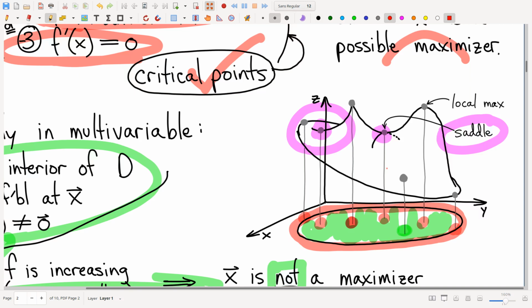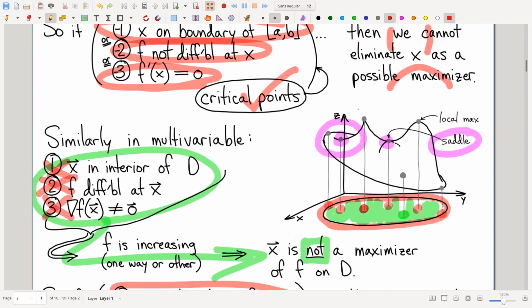It could be that the function fails to be defined somewhere, or maybe fails to be defined for points beyond a certain distance from the origin. But typically, if there's a domain that isn't just all possible points, then I would need to explicitly write what that is. Okay. All right.